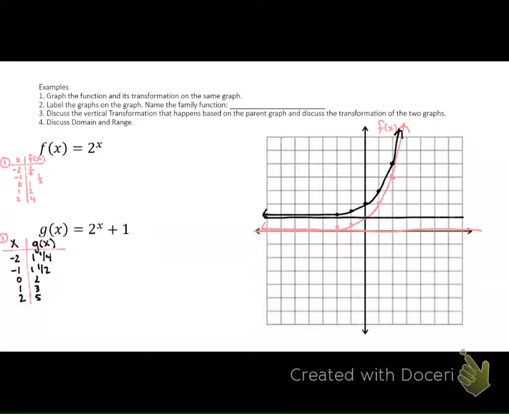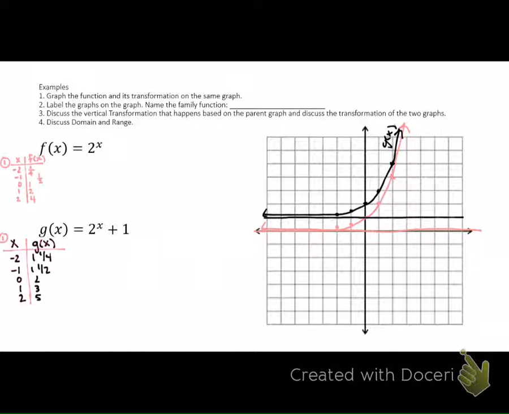And then I'm going to have to relabel these. So this one's g of x, and this one's f of x. Alright, so go ahead and get both of those graphed. So you're adding 1, so that's why the asymptote's up here. So you might want to move that.